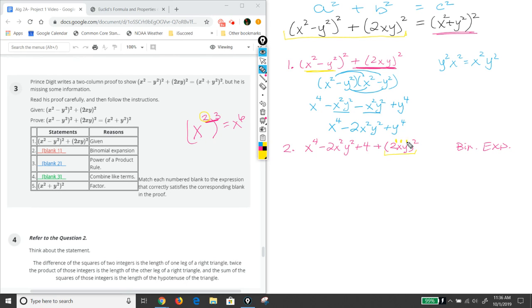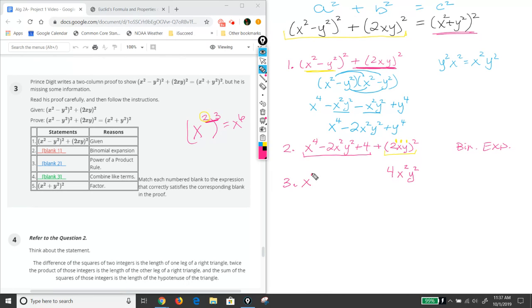So now when I use that product, I multiply those, and I get a 2 squared, x squared, and a y squared. And you know what? I'm going to simplify that 2 squared. If you don't mind, I'm going to just simplify it to a 4. Okay, and then don't forget we still have the rest of this mumbo jumbo to add.